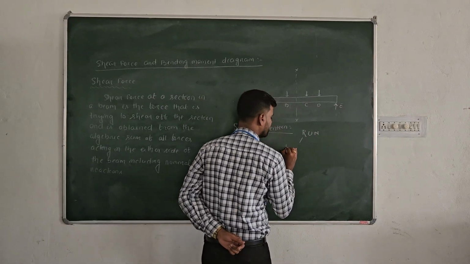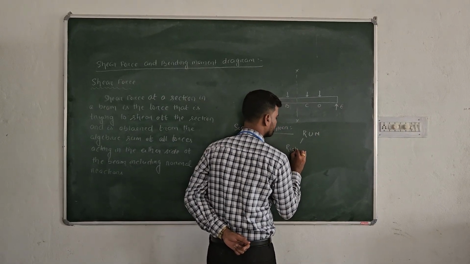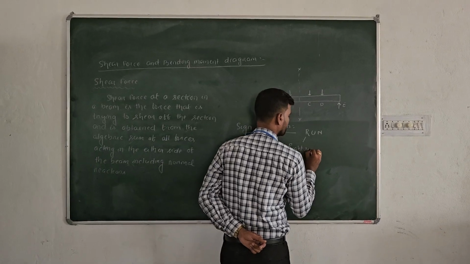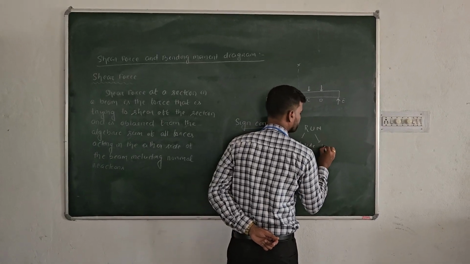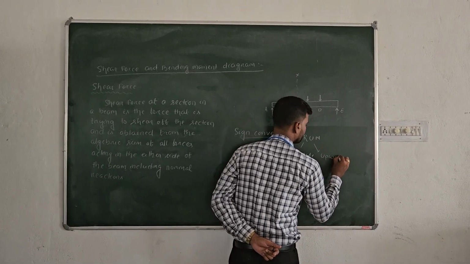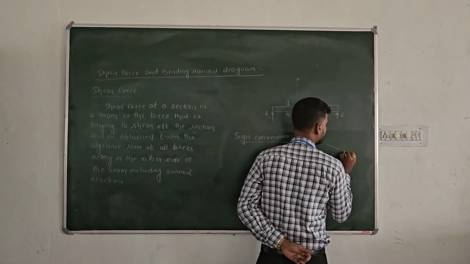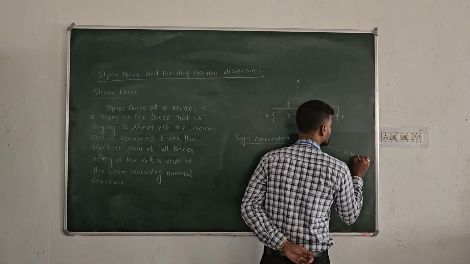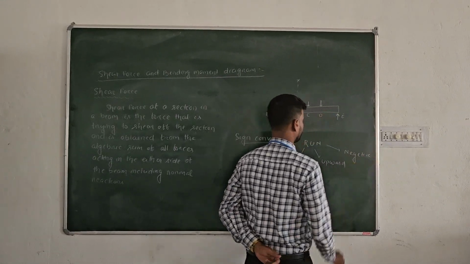R for right side, U for upward, and N for negative. If you remember this one, you can remember everything.